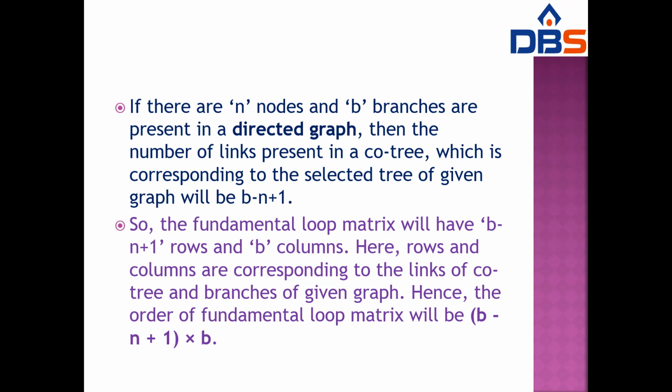Here rows and columns correspond to the links of the co-tree and the branches of the given graph. Hence the order of the fundamental loop matrix will be b minus n plus 1 into b.